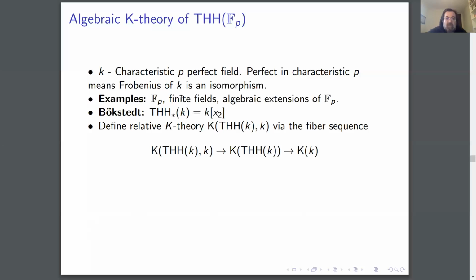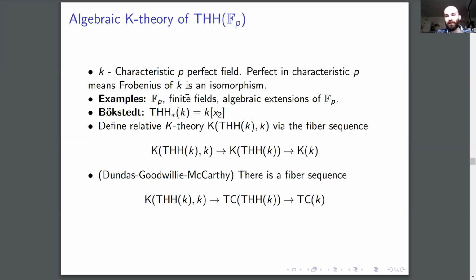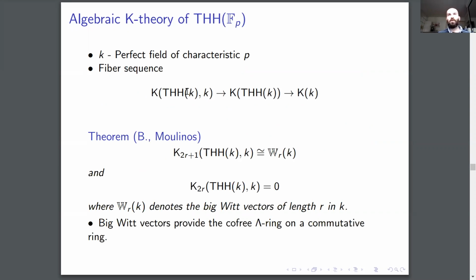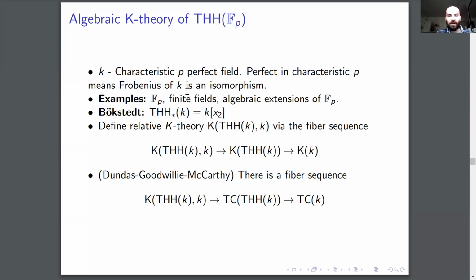What's a perfect field in characteristic p? Frobenius of K is an isomorphism. So it makes it étale over F_p. That kind of kills all these homological extra information that may come over. So often in these situations, what works over F_p also works for perfect fields.